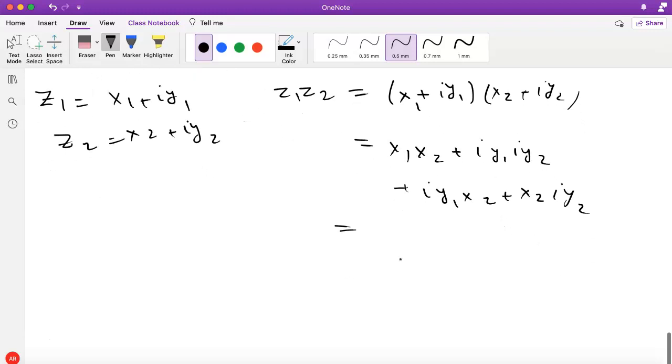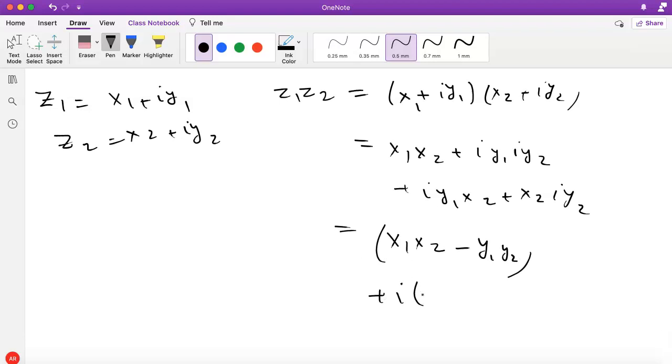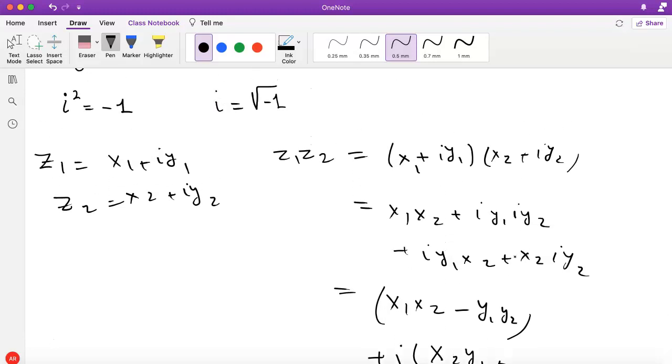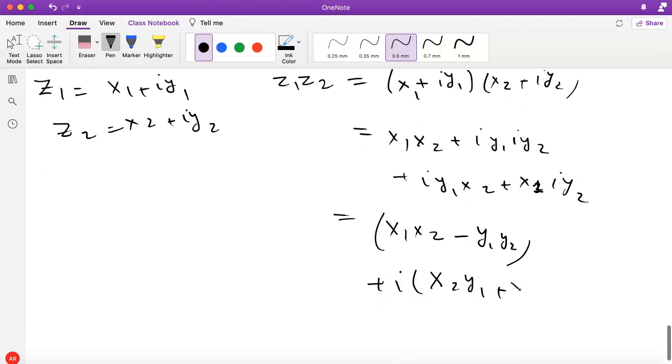So this becomes x1 x2, i times i is minus 1, minus y1 y2, plus i, factor out the i, times x2 y1 plus x1 y2.